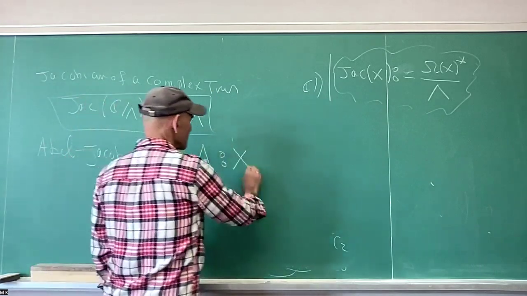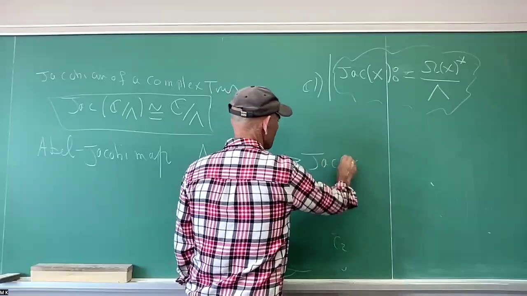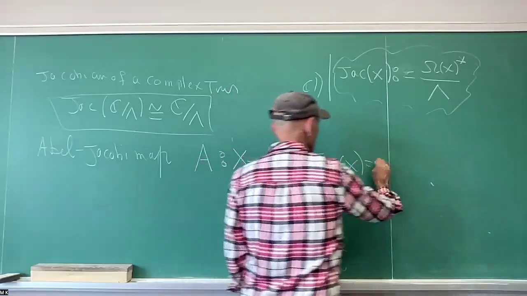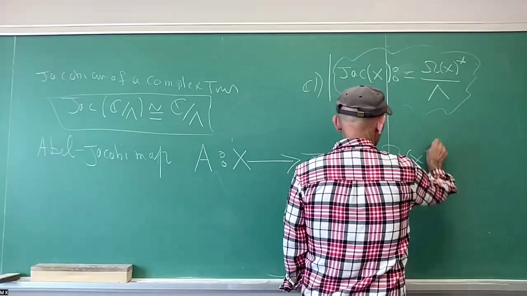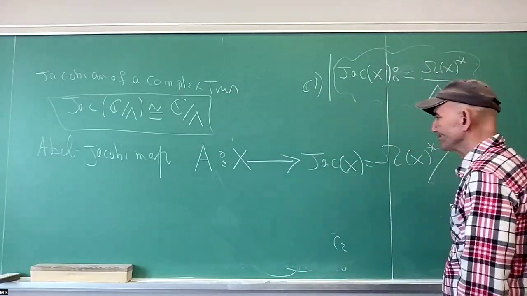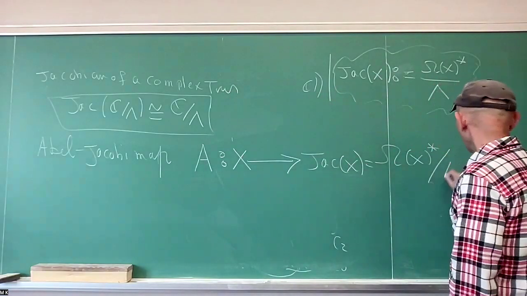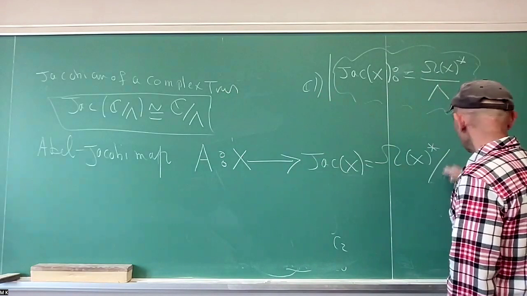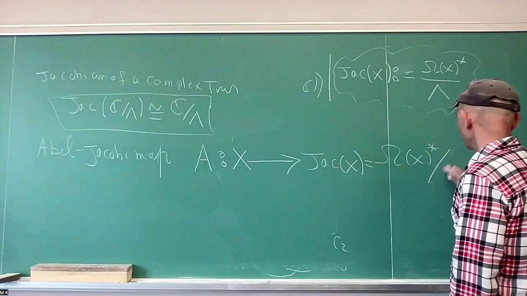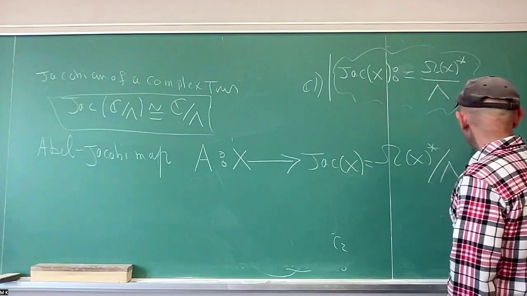It goes from X to the Jacobian of X, which is, let's not forget, the dual of omega of X, divided by lambda, the period lattice.